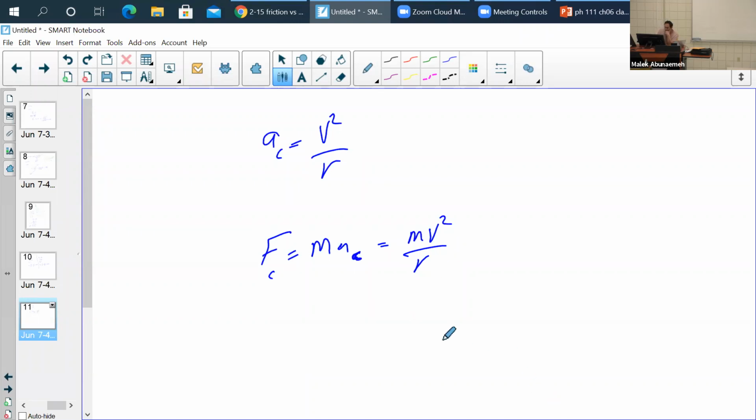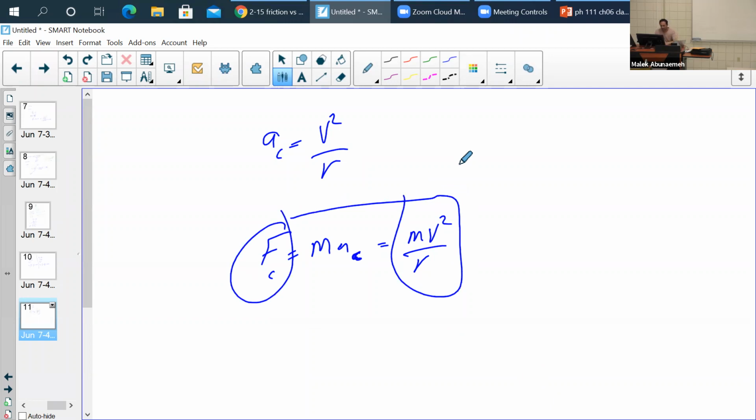That's how we got your centripetal force to equal m v squared over r. And that should conclude chapter 6 for Physics 101.